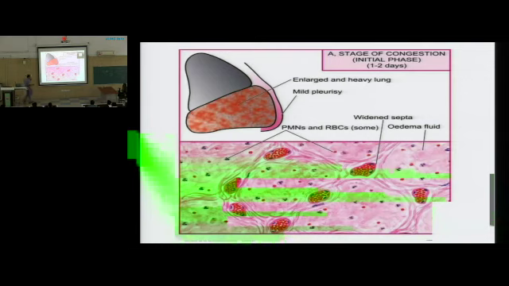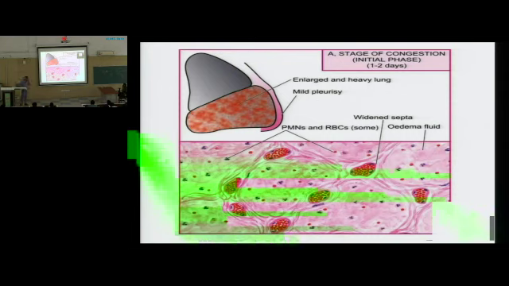And here you are able to see these are neutrophils, but they are very few in quantity. So in the initial phase, there will be only a few polymorphs, and the red color dots we are seeing here are RBCs.